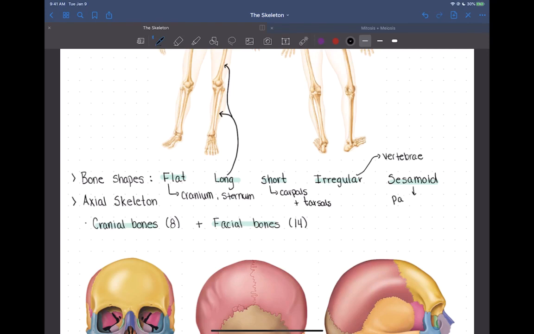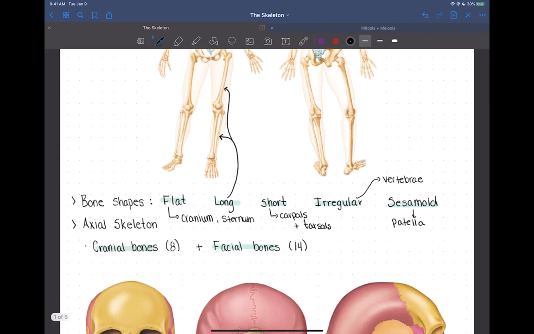All right, so the kneecap, the patella here, actually grows in the tendon of your big thigh muscles on the front. All right, so your quadriceps muscles, there's a tendon that connects your quadriceps to your tibia here. And in that tendon, that is where that patella grows. And so that's why it's called a sesamoid bone. So a sesamoid bone is a bone that develops within a tendon, okay?